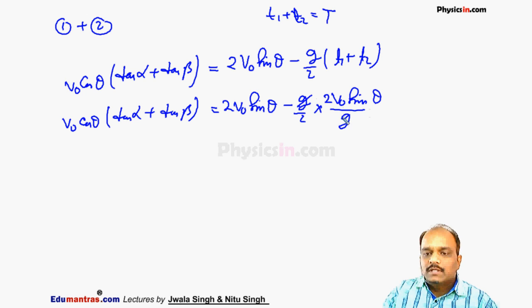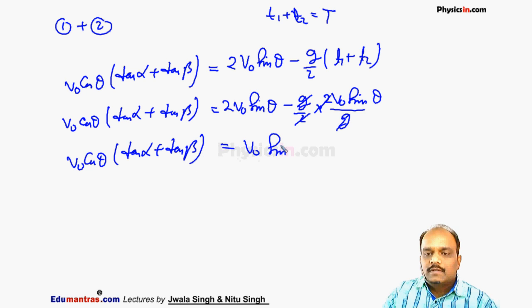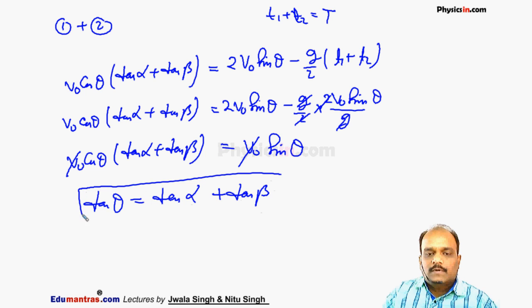So this g will cancel out, this 2 will vanish. From this expression we can say v naught cos theta into tan alpha plus tan beta is equal to v naught sin theta. This v naught will cancel out. We get tan theta is equal to tan alpha plus tan beta. This is the final proof.